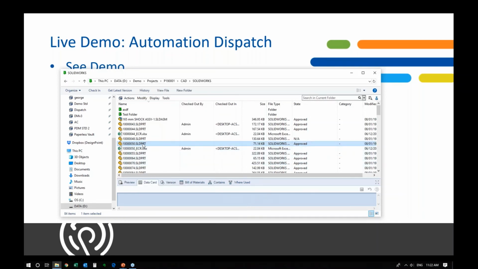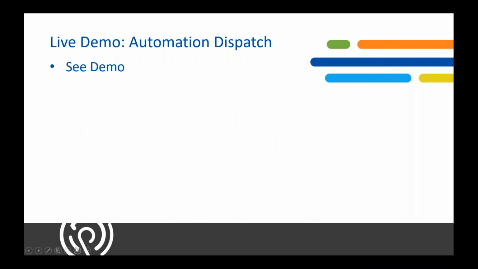Now I don't have that set up today. I did go over how to transfer variables using dispatch in my last webinar last month. So if you have any questions about how to use dispatch or how to transfer variables, I would refer to that webinar video.